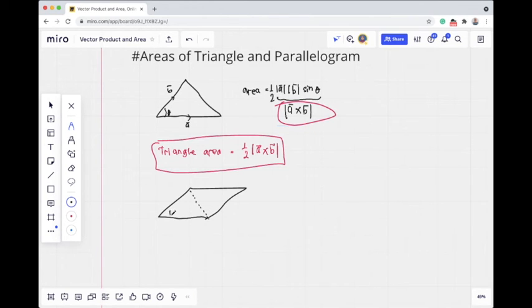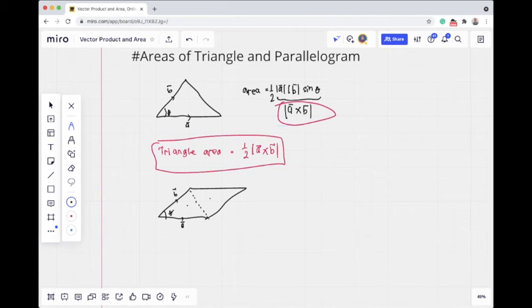So if I have this theta, and this is A and this is vector B here, then the area of parallelogram is twice the area of the triangle, because there are two here and here.